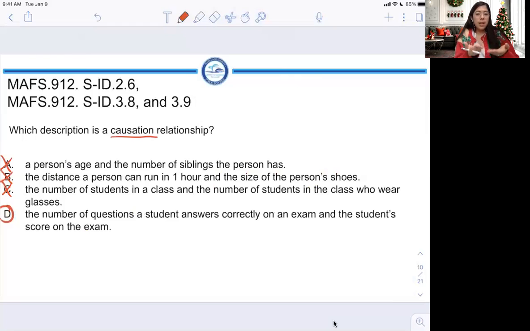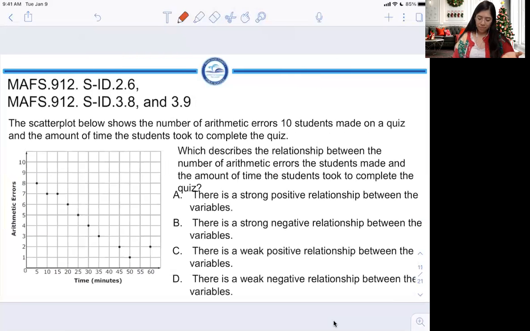So there's a slight relationship, but that doesn't mean that I'm the one causing my siblings to be born. Okay? So that's the difference. Correlational means that maybe there is some sort of pattern, but that pattern doesn't mean that one is causing the other one to happen. I think we might see some good examples of that soon.